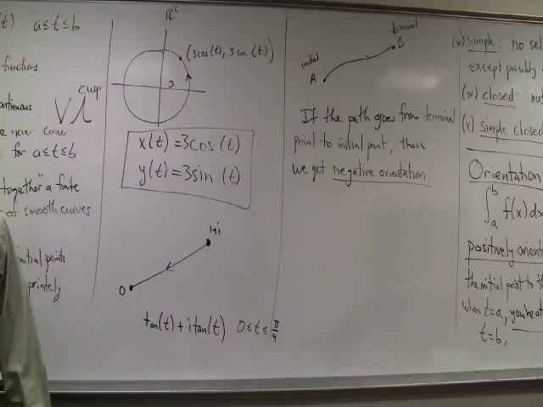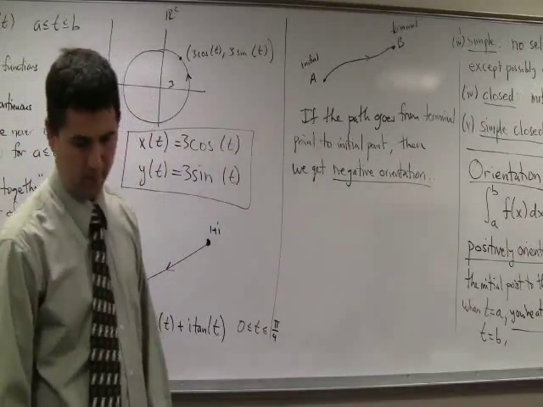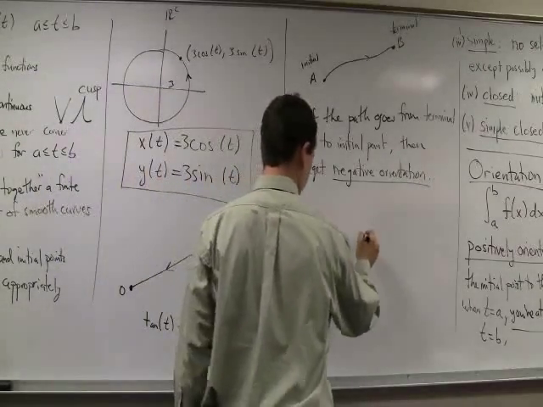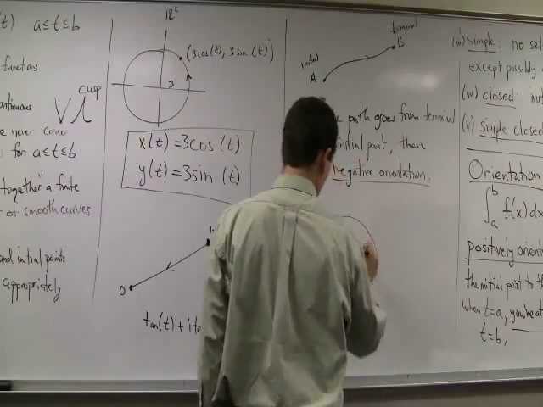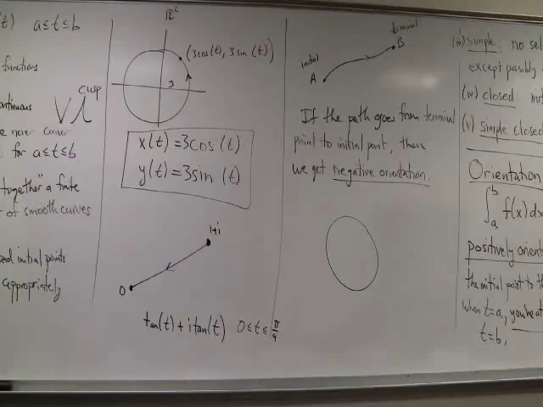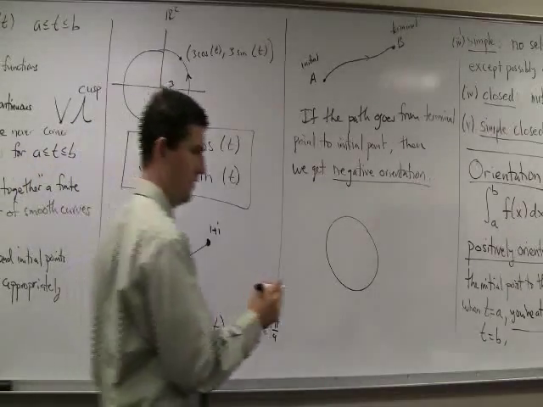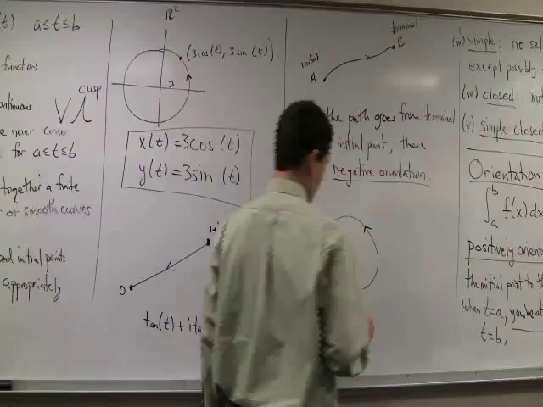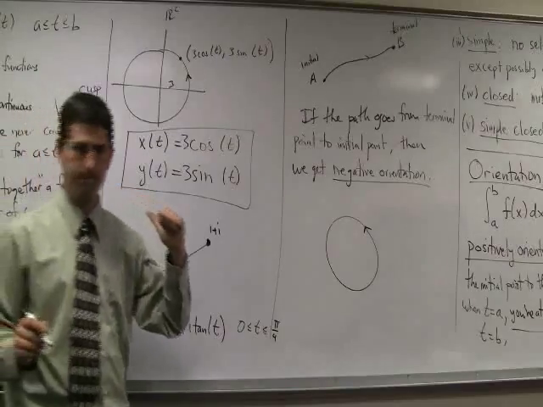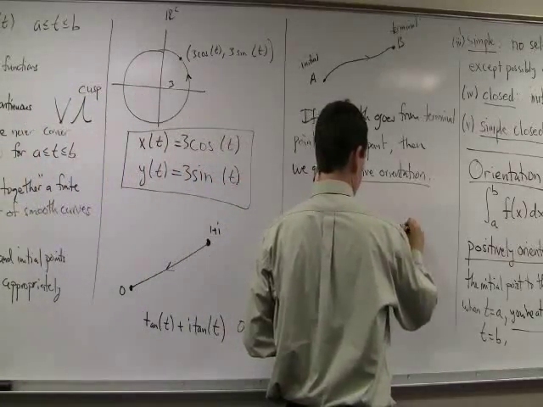Oh my gosh, time went by really quickly. Let me just say that it's a little more interesting for closed curves when we talk about orientation. For closed curves, there is a preferred way of writing down the orientation. Namely, if, say, of a circle, you want to go in the counterclockwise direction. This is a convention here.